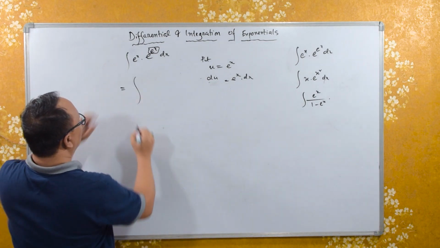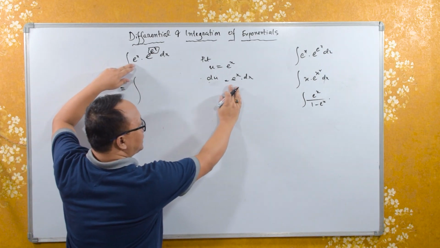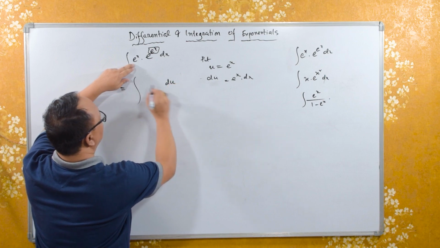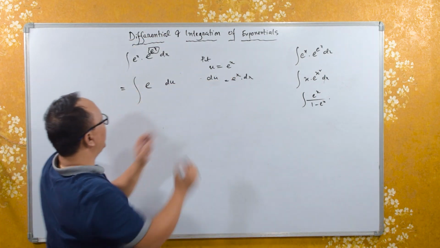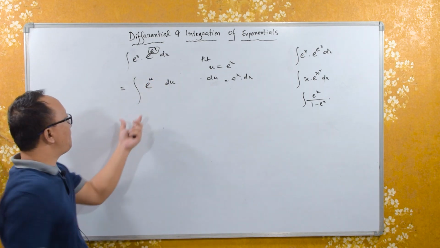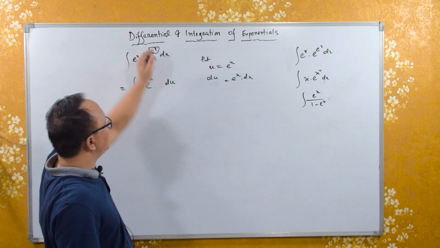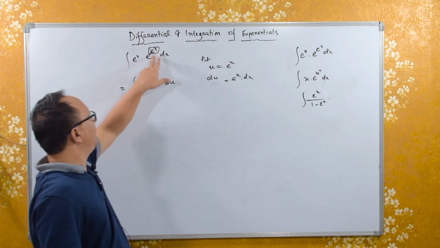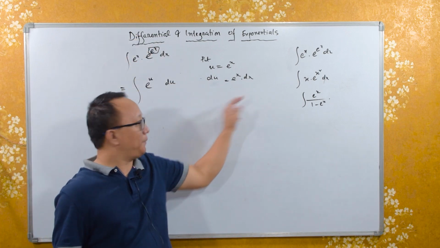Therefore, integral of e raised to x into dx is what? E raised to x into dx becomes du. E raised to this term I already put as u. Let me repeat again. E raised to x, this part I have already put u, this becomes u, and e raised to x dx becomes du.